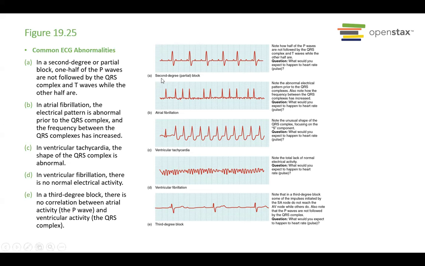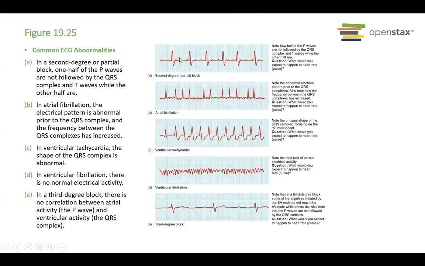So let's look now at second degree partial block. In the second degree partial block, one half of the P waves are not followed by the QRS complex and the T waves, while the other halves are. You're supposed to have a P wave, QRS, and a T. But here you see a P wave that has no QRS.